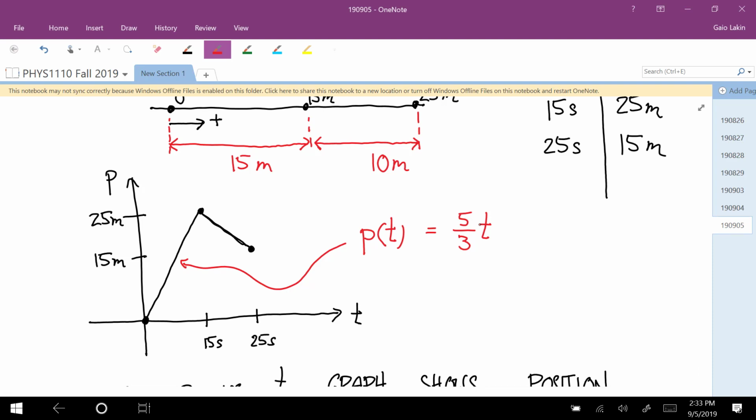And so if you plug any t value into that function, it tells you what the person's position is.